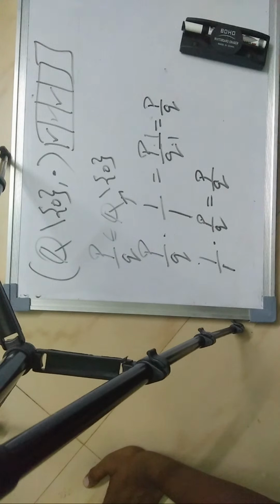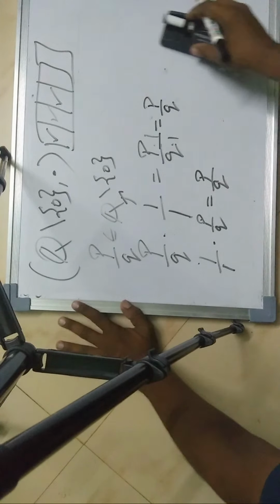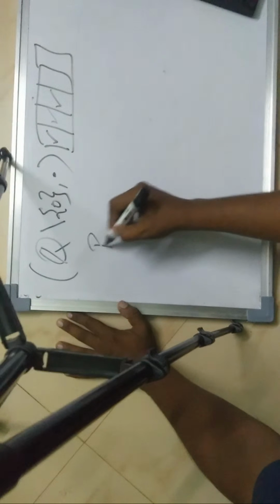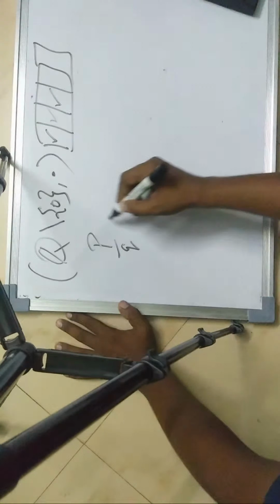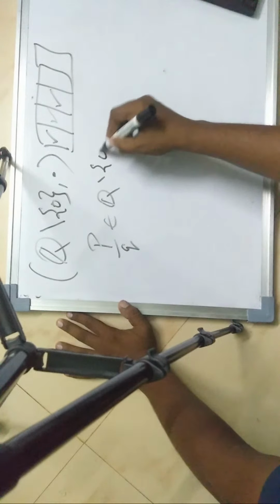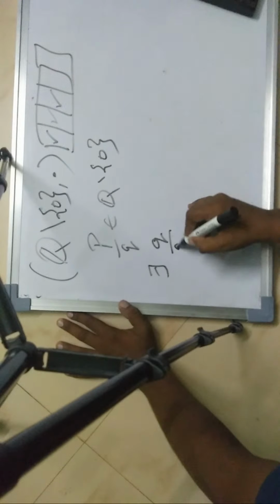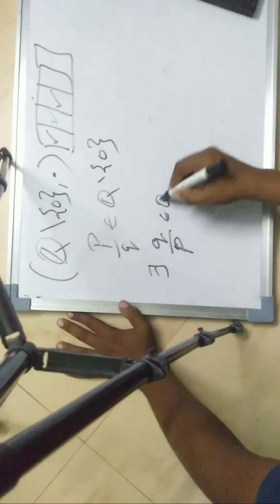Now we need to find the inverse. Since any element here is a non-zero rational number, p is non-zero, and by definition q is always non-zero. So given any p by q in Q minus 0, we can find an element, say q by p, in Q minus 0.